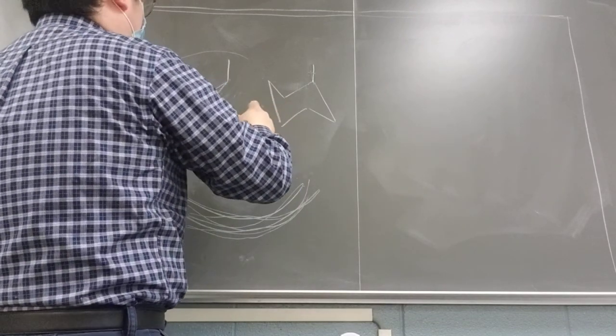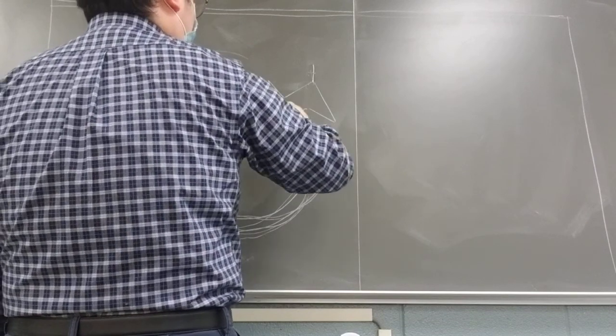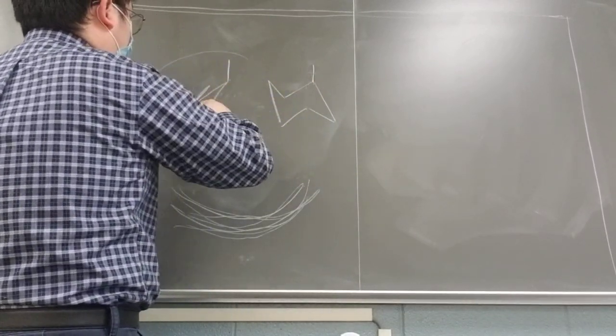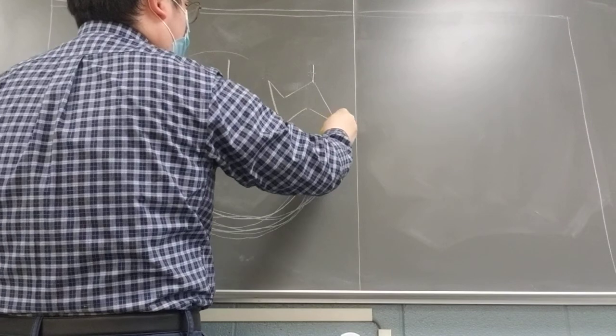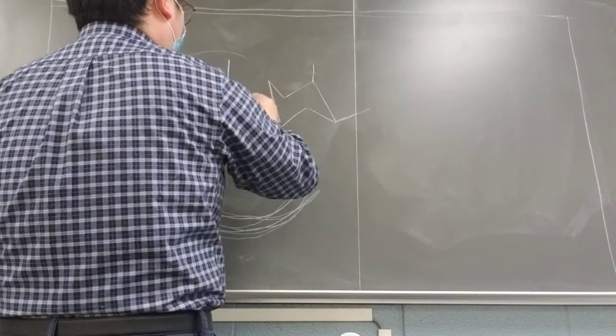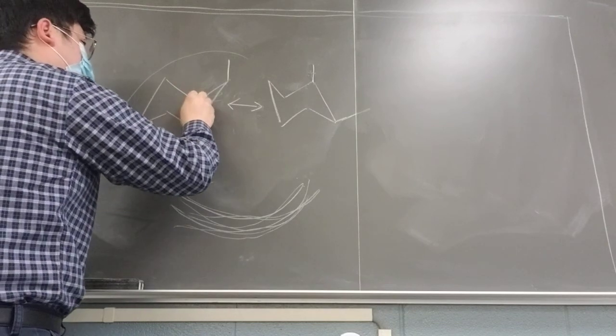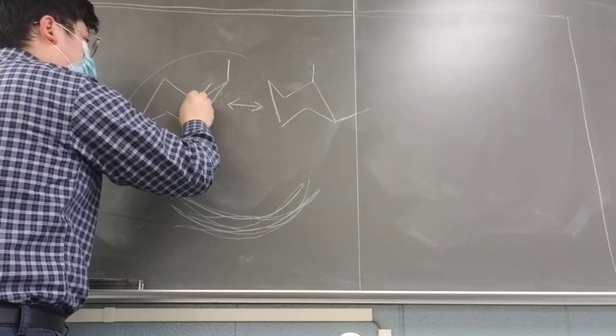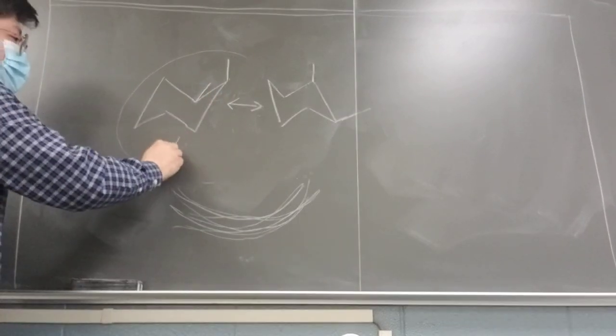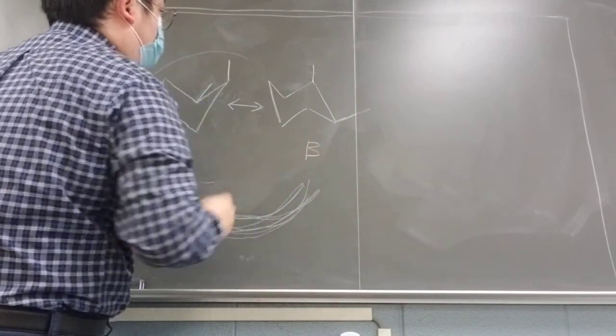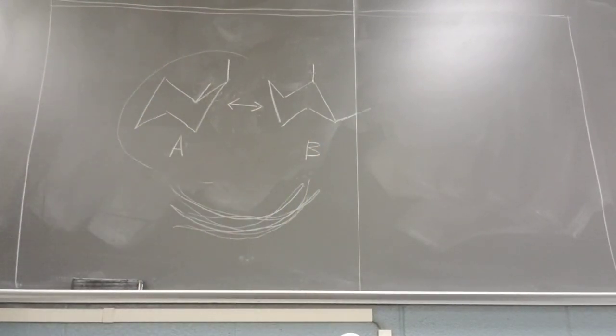And then you're gonna put this one here to here. Okay. And then this is A and B again. And once again, try to find the most stable form. It will be A or B.